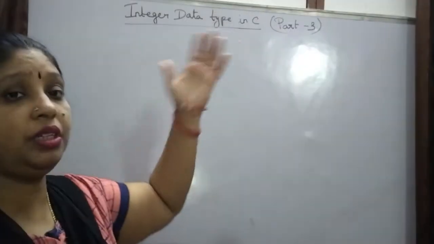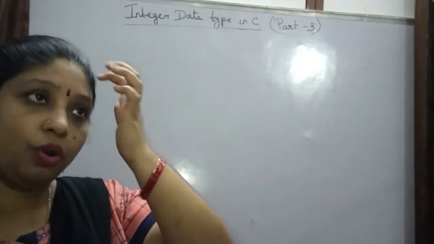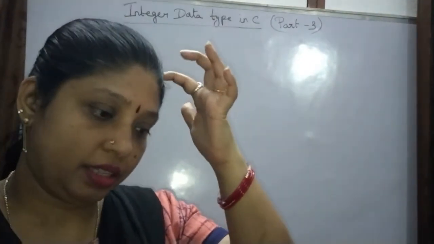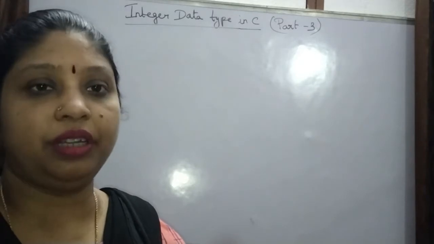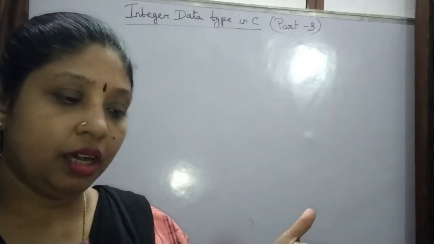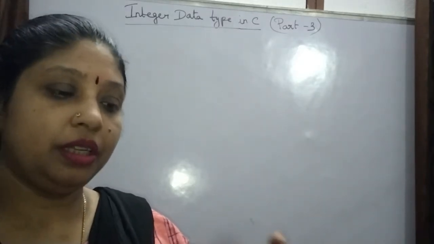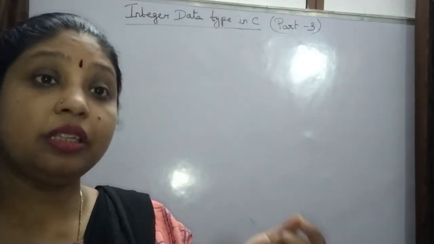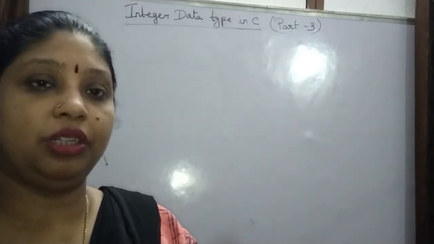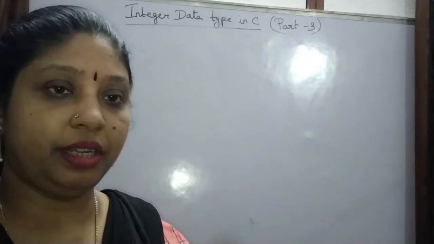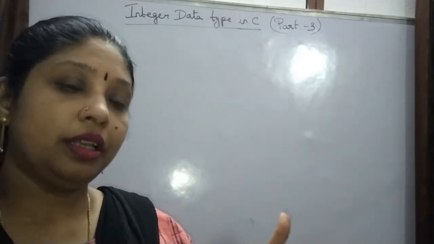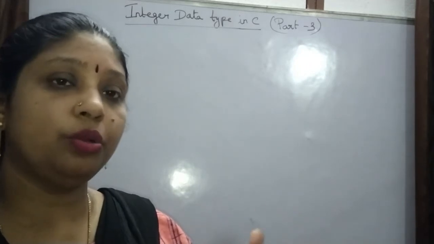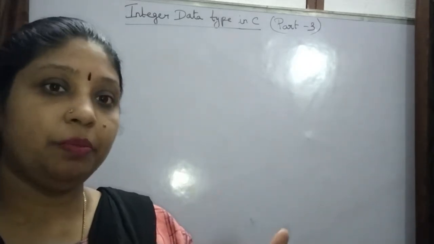Today in this video I am going to explain about integer data types in C. So already in our last class we have discussed the classification of data types. Whatever data types are there, we have seen the sub classification of all of them, like integer, short, long, and double.